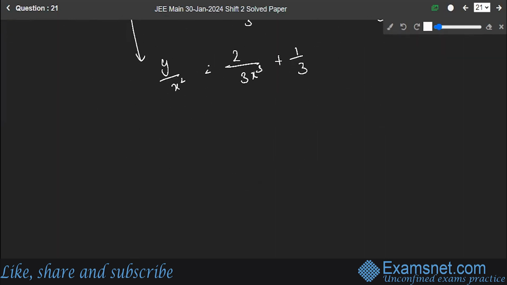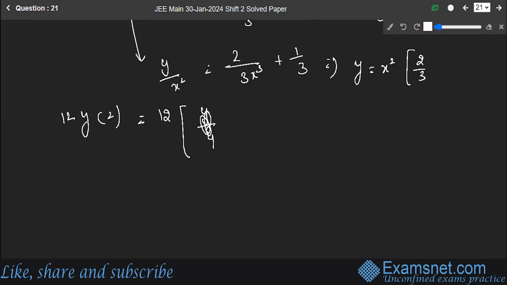So y of 2, that means the value of y when x is equal to 2. This will give me y upon 4. Wait, I will write it as y is equal to x square times 2 by 3 x cube plus 1 by 3.